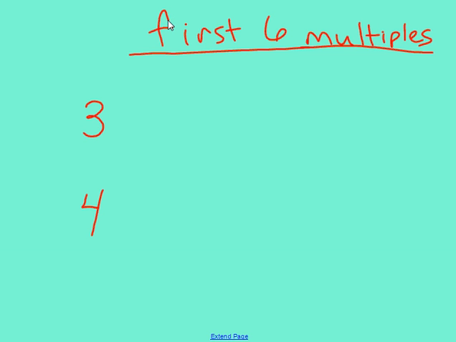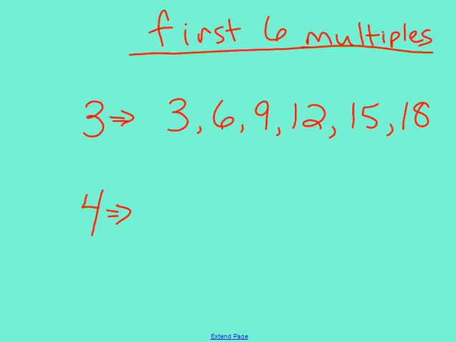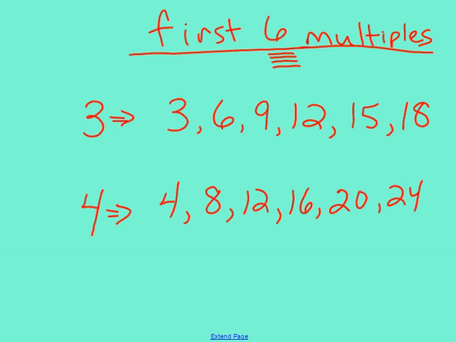So to do that, I am going to start first with times 1, which is 3, then times 2, which is 6, times 3, 9, times 4 is 12, times 5, 15, times 6, 18. I stopped because I only wanted to find the first 6. Now for 4, times 1 is 4, times 2 is 8, times 3 is 12, times 4 is 16, times 5 is 20, and times 6 is 24.